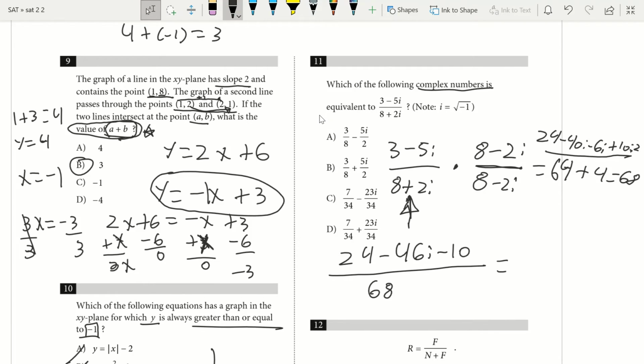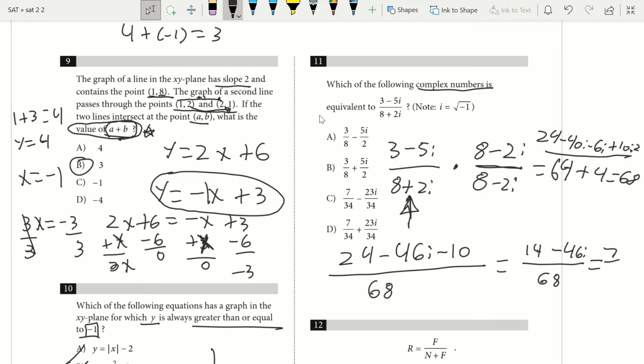So we can go ahead and simplify this more because we have 24 minus 10 gets us 14 minus 46i over 68. But that can be simplified, and we know it can be simplified because none of our answers contain the denominator with 68. So now we're going to go ahead and do 14 minus 46i over 68. To simplify, what we're going to do is we're going to have 14 over 68. Well, what can both of those go into? They can both be divided by 2.